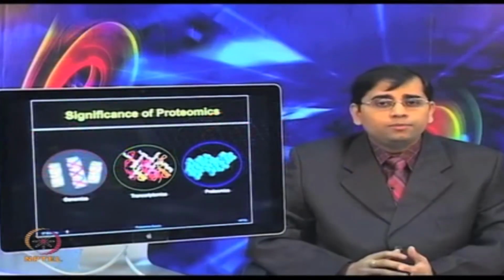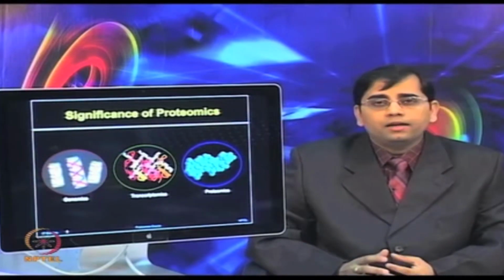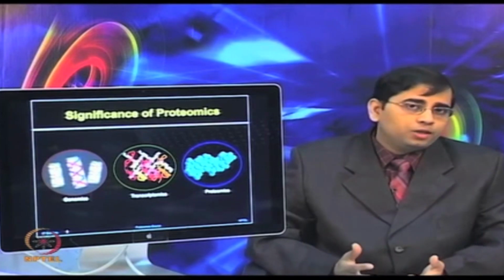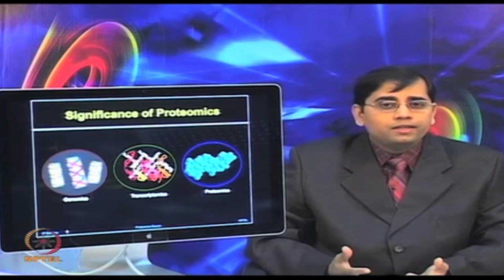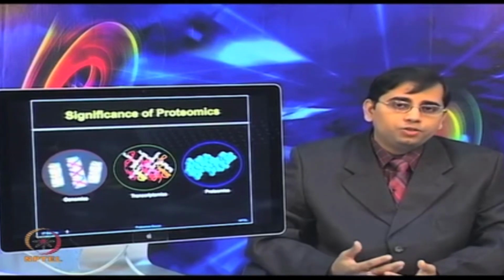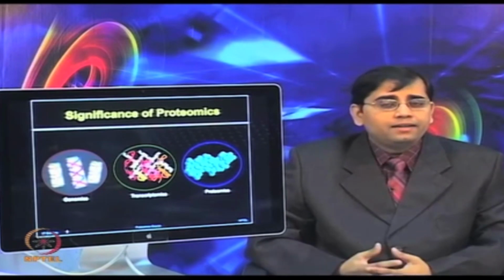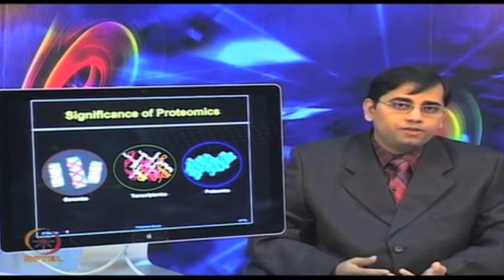The genome sequencing projects have provided researchers with unprecedented information of genome sequences. However, there are numerous proteins which can be encoded by the genome. Therefore, analysis of the static genome by sequencing alone is not sufficient.